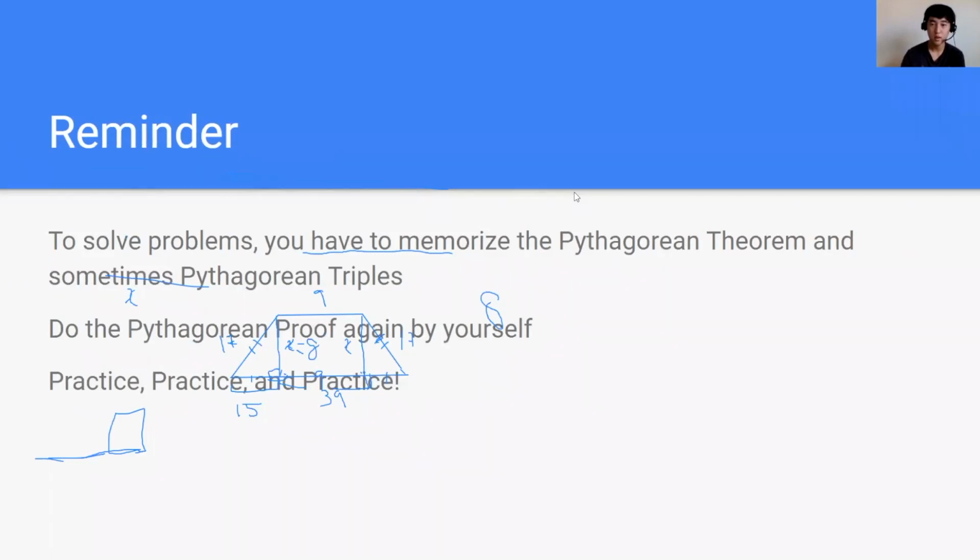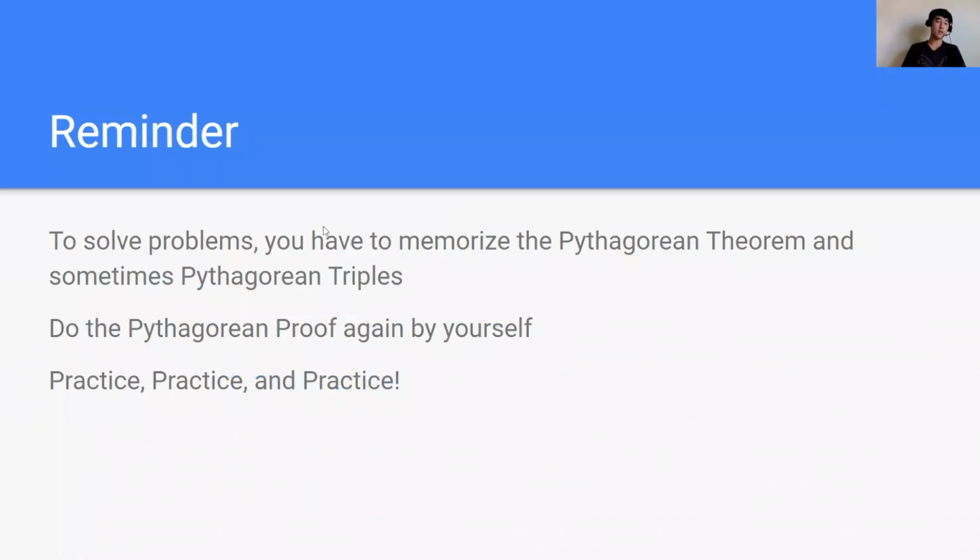Okay, just a reminder: to solve the problems about the Pythagorean theorem in the test or exam or just a practice one, you have to memorize the Pythagorean theorem and sometimes Pythagorean triples. So just a recap. The Pythagorean theorem is a squared plus b squared is equal to c squared.